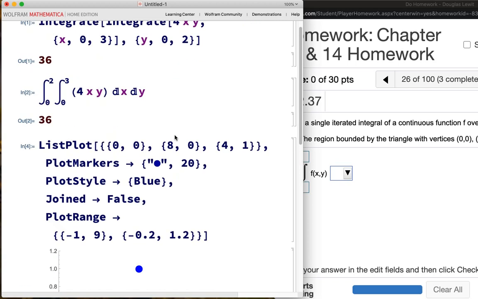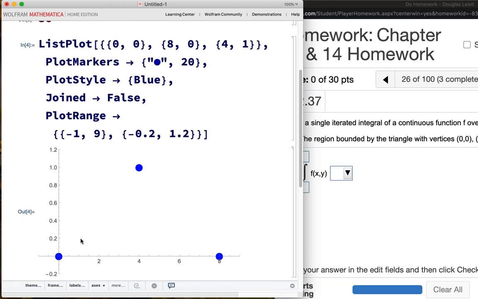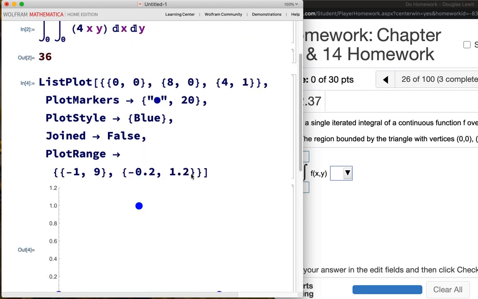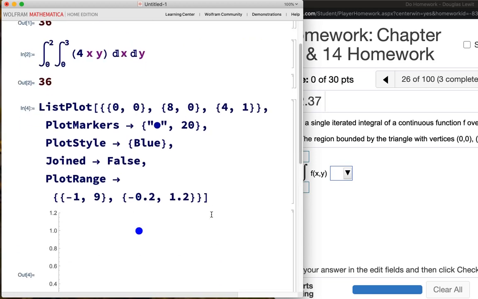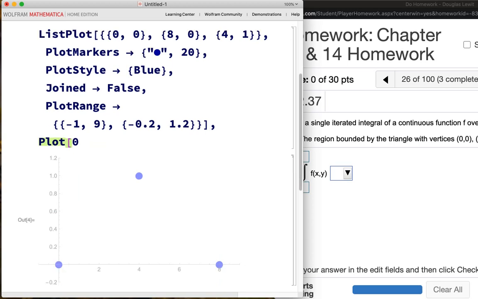So now we can see the triangle, and I want to connect these dots. First of all, we can draw the line along the bottom. That's pretty easy. That's just y equals 0, with x going from 0 to 8.